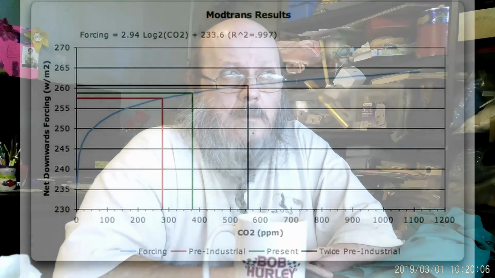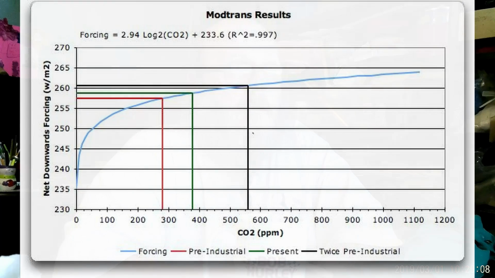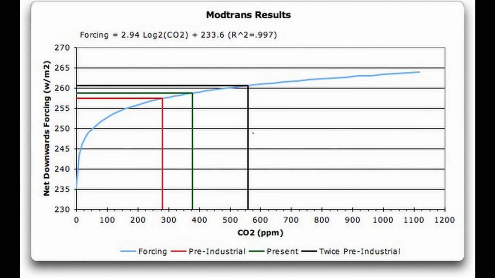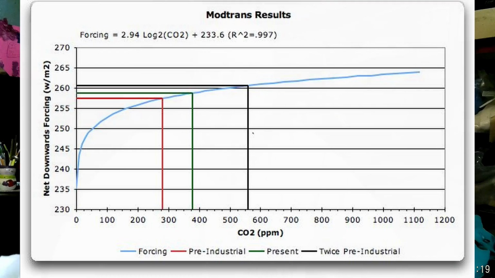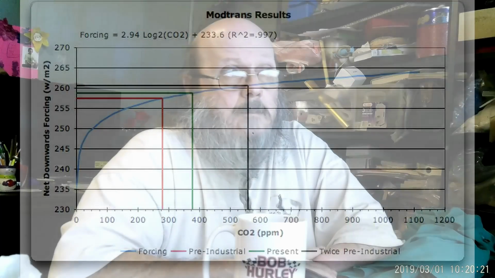But what we see here is not a linear line, but a curved line. As you can see, as you start to put CO2 in the atmosphere, it starts to absorb more and more heat. Okay?